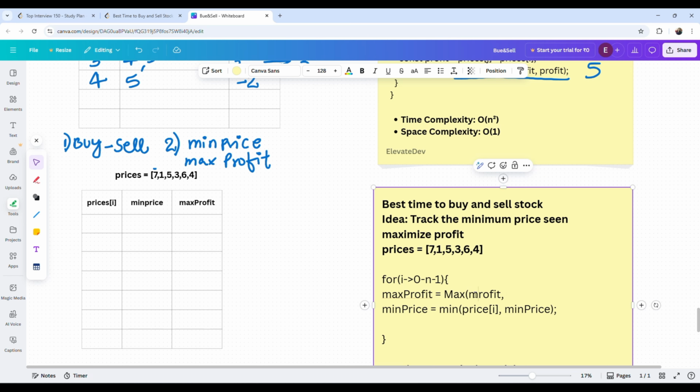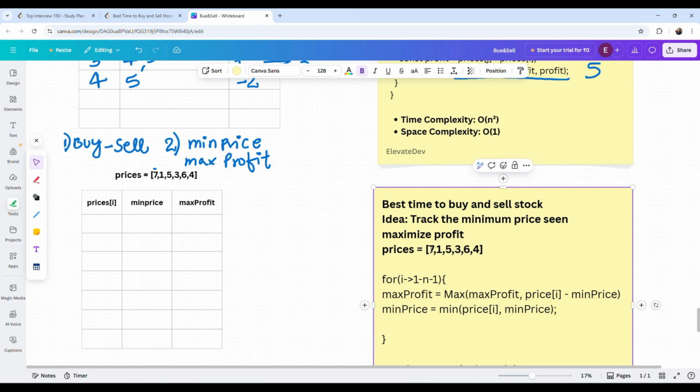The current profit we are going to compute is the current price minus the minimum price that I have found. Initially I'm going to assume that the first element is the minimum price, and from 1 onwards I'm going to check whether the value is giving me any optimized value or not.